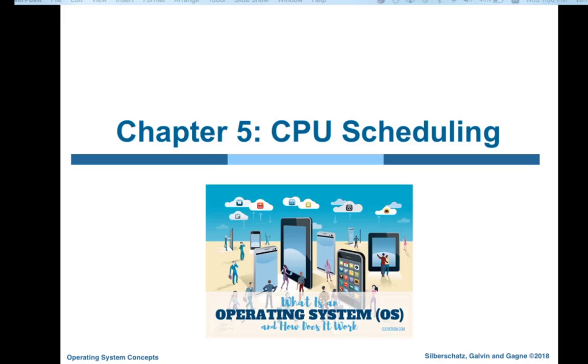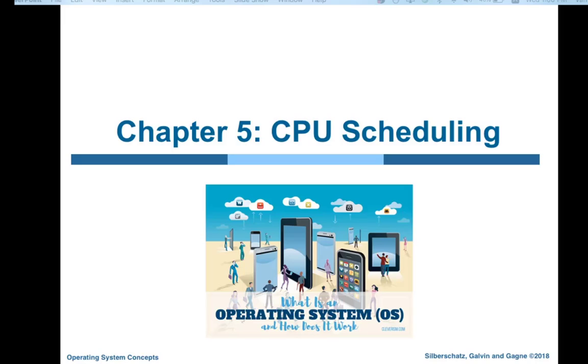So in a system with a single CPU core, only one process can run at a time. Others must wait until the CPU core is free and can be rescheduled. A process is executed until it must wait, for example, waiting for the completion of some I/O request.